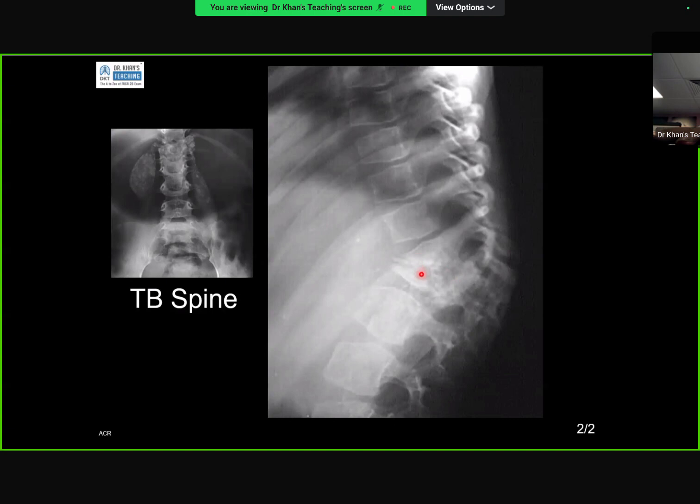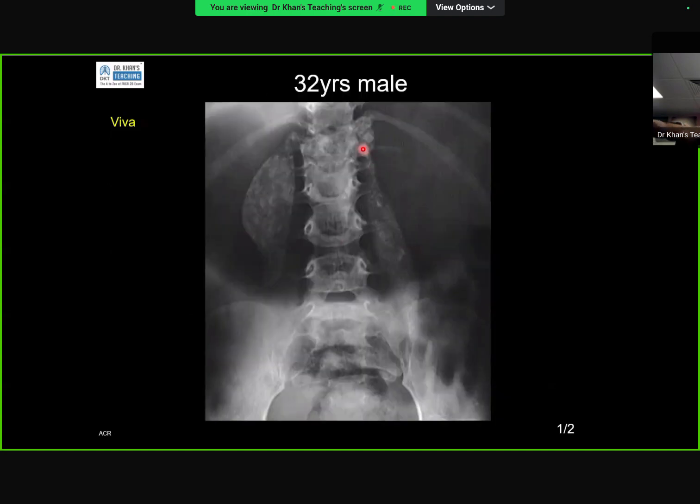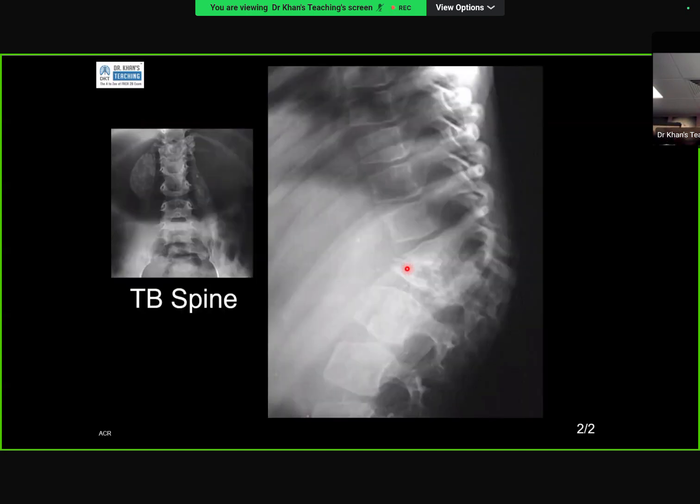So this is an old case of TB. Why I'm showing you this is that the examiner might have this film and have something else going on, then you should have an idea that TB with calcification, old TB, can present like this on a plain film.